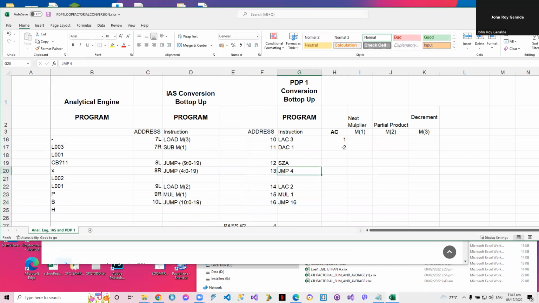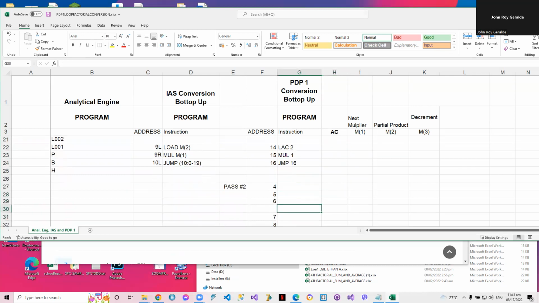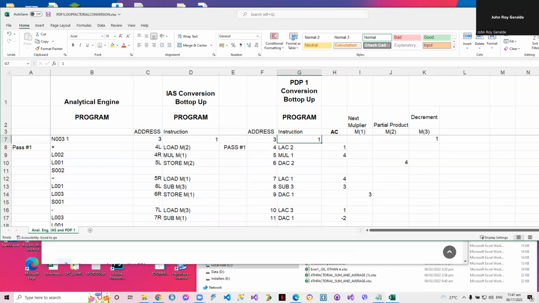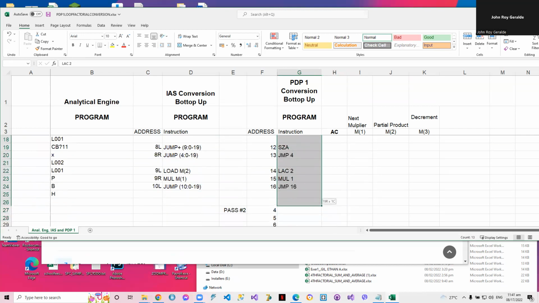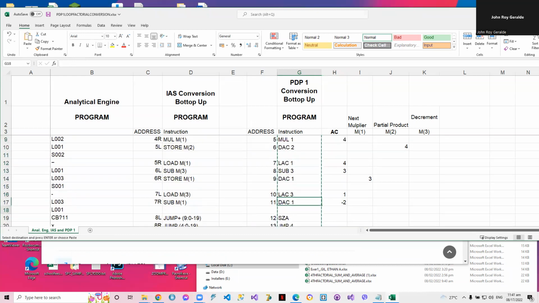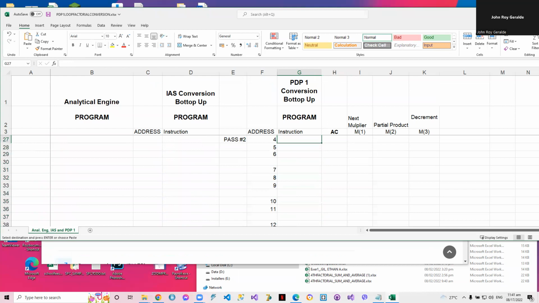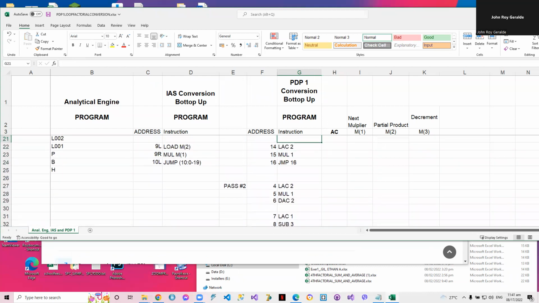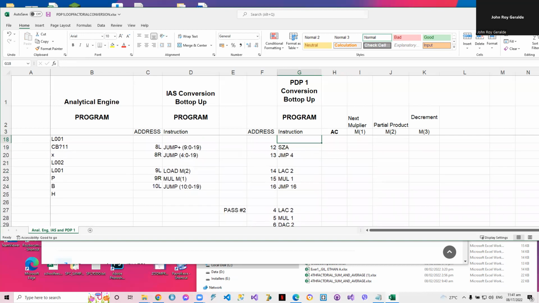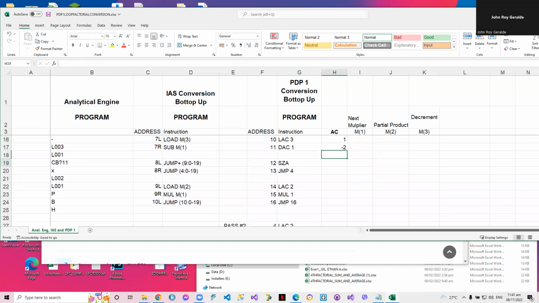So now, going back, since the accumulator is a negative 2, which is not a 0, we will go back to 4, which means we'll have to copy this. This is now our second pass. So what are the previous values?